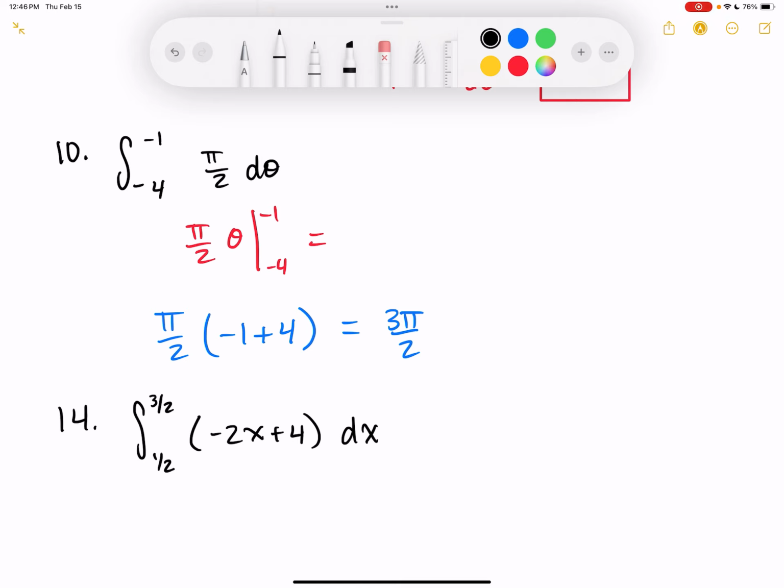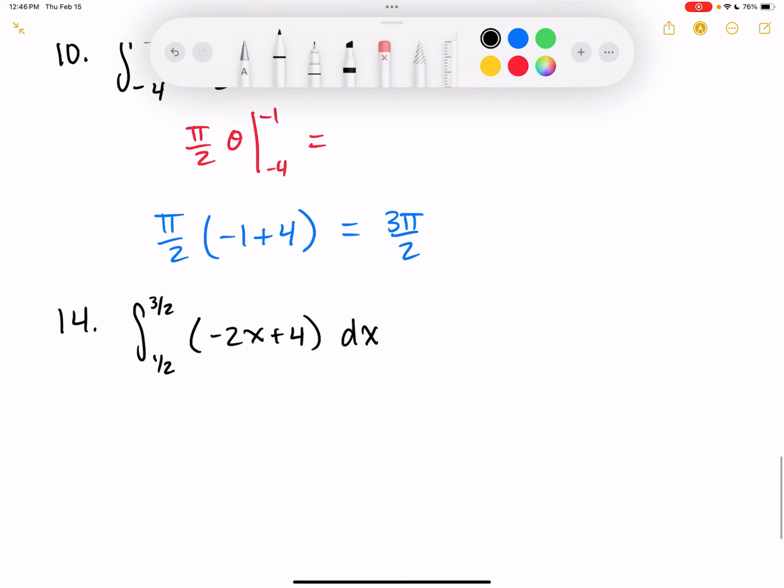So I need to take the antiderivative of the stuff in parentheses. Now, the difference is because these are definite integrals, we're not doing the plus c part of when you were just told to find the original function. So what would the antiderivative of this be?